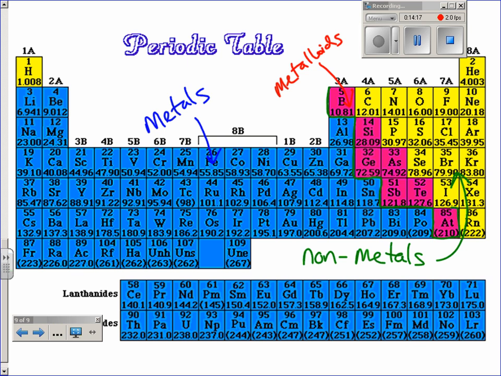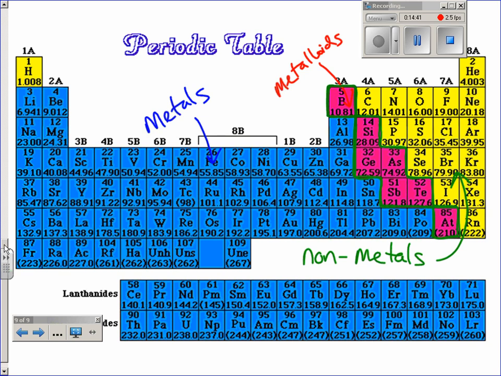But these pinkish violet looking elements, those are the metalloids. So you may want to just lightly, with a pencil, outline these particular elements on your table.